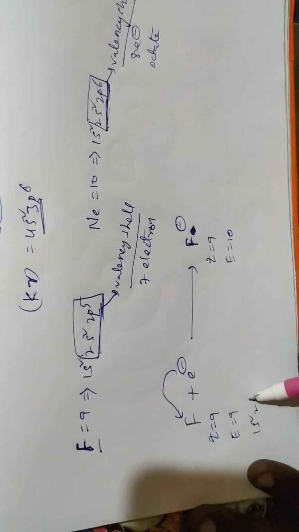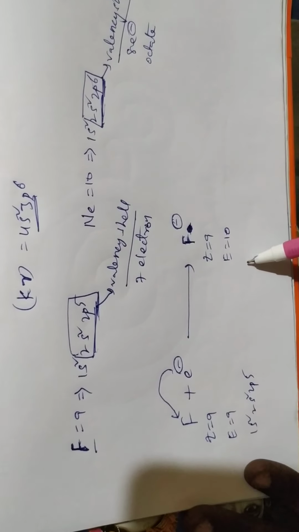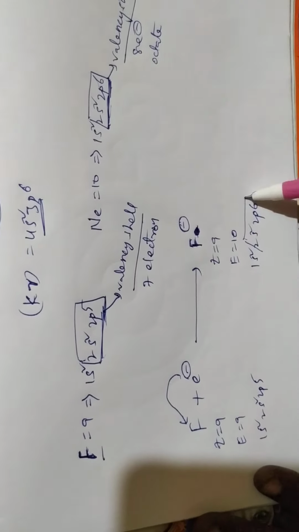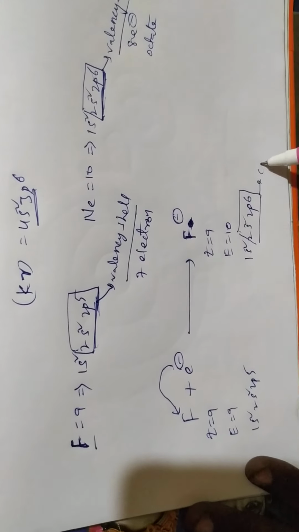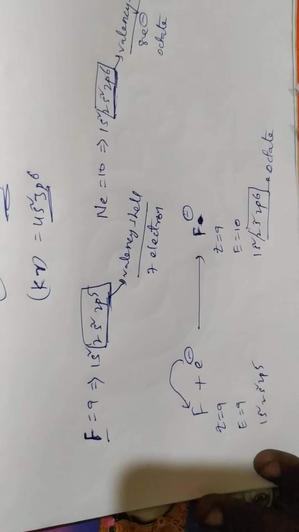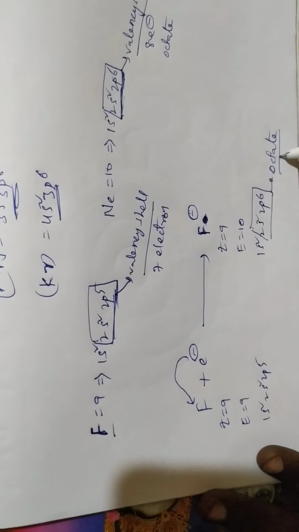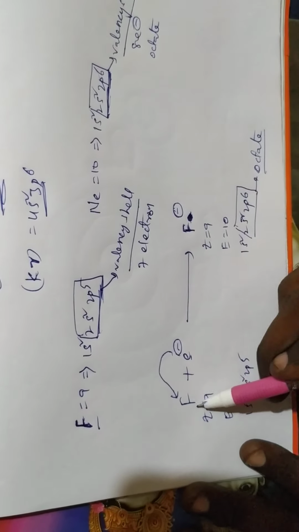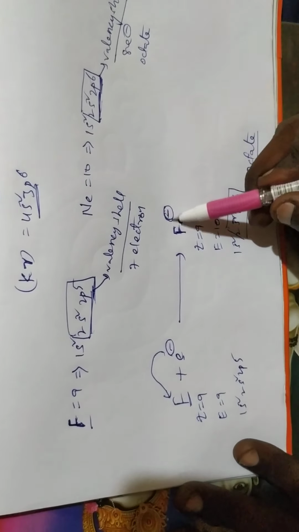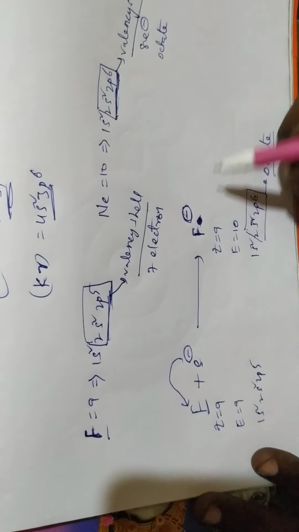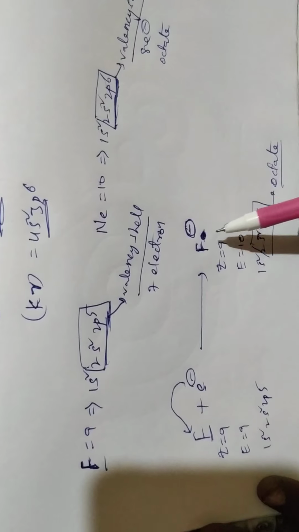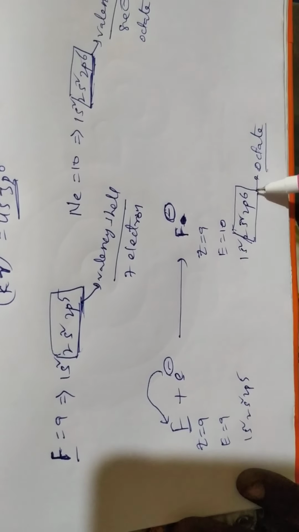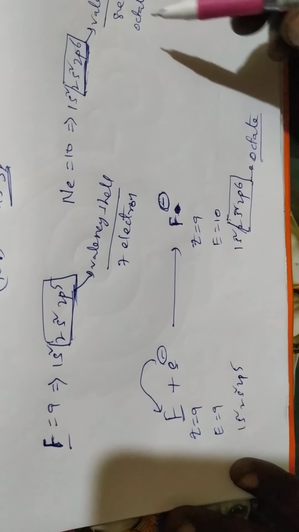Fluorine is 1s2 2s2 2p5, but F minus is 1s2 2s2 2p6, an octet in the valence shell, obtained by the gain of an electron. By gaining an electron, fluorine becomes the F minus anion. This anion gets octet configuration in its valence shell like neon.